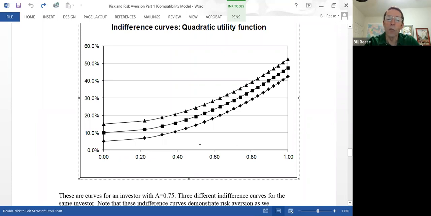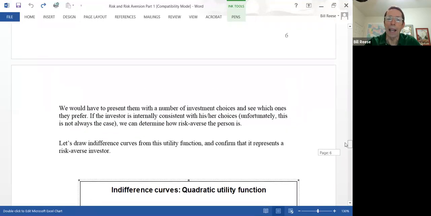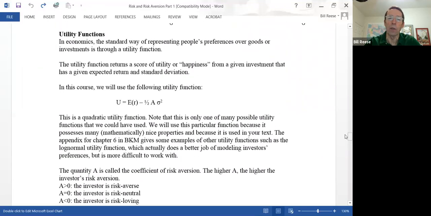So a risk-free investment with a risk-free rate of return of 5% gives this particular investor a level of utility of 5%. Now, how do we know the investor gets utility of 5%? Let's go back and look again at the utility function.